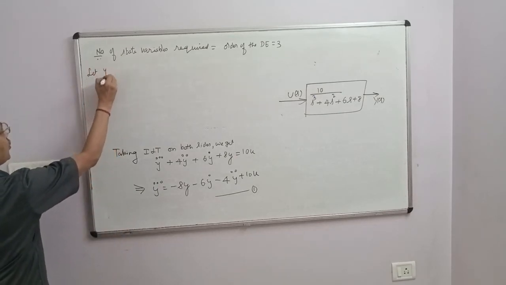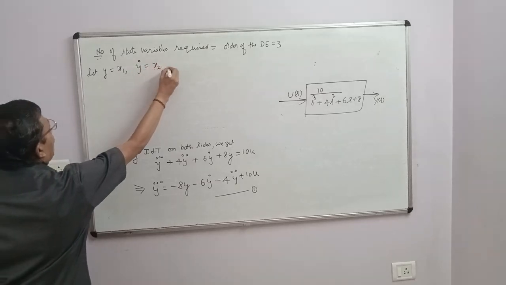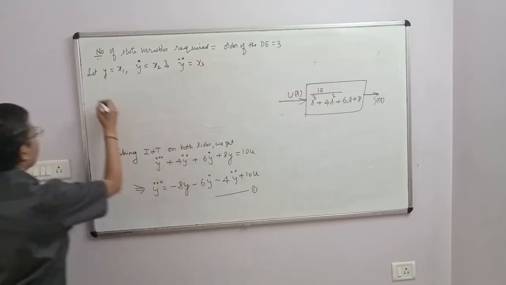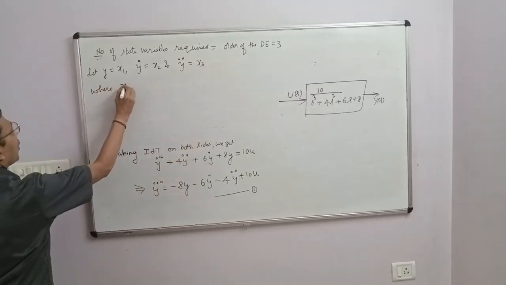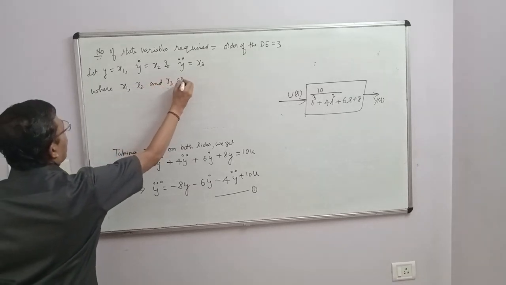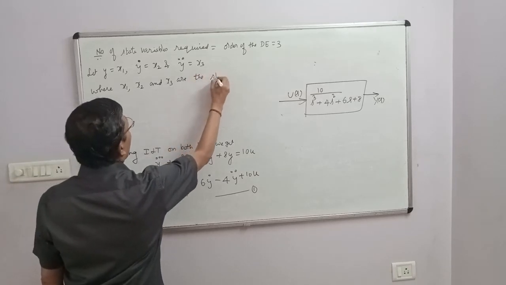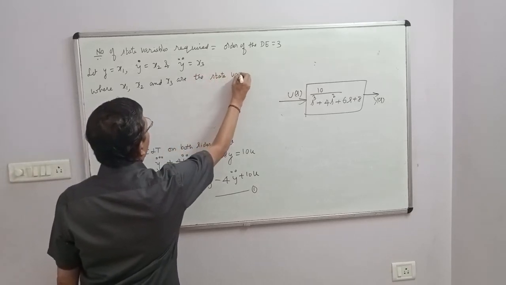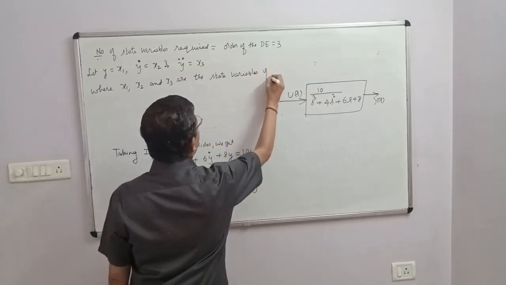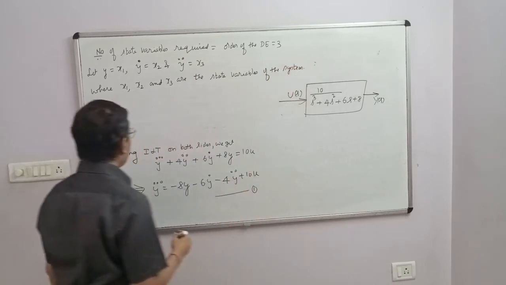Let y be equal to x1, y dot be equal to x2 and y double dot be equal to x3, where x1, x2 and x3 are the state variables of the system.